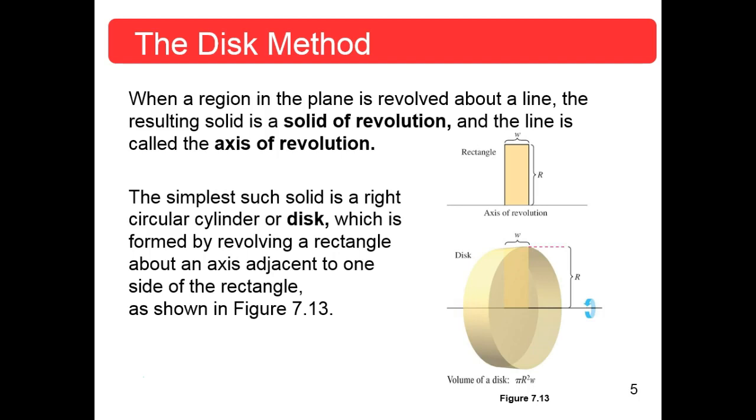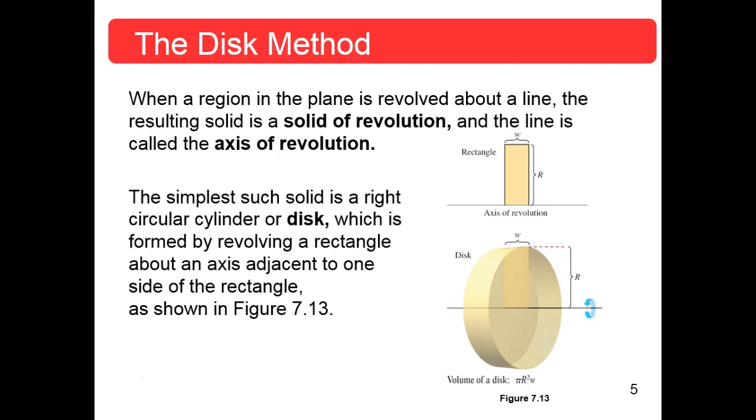Okay? So the width of that is W. This is the radius of this circle that you have here. So the volume is then the area of the circle, pi r squared. Now if this was the x-axis, this r would be your y, wouldn't it?